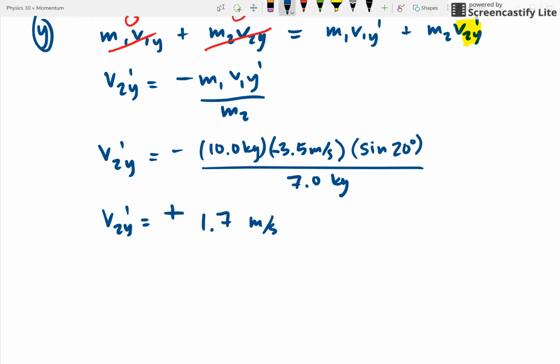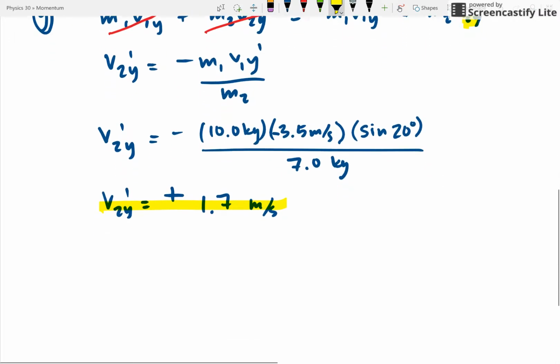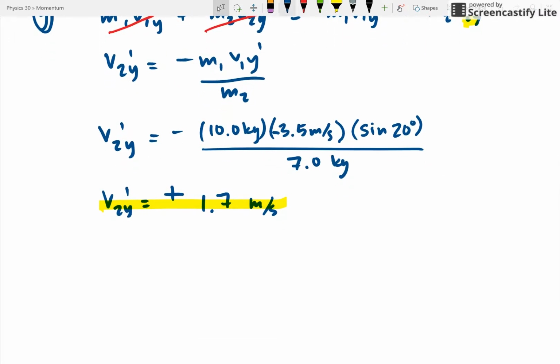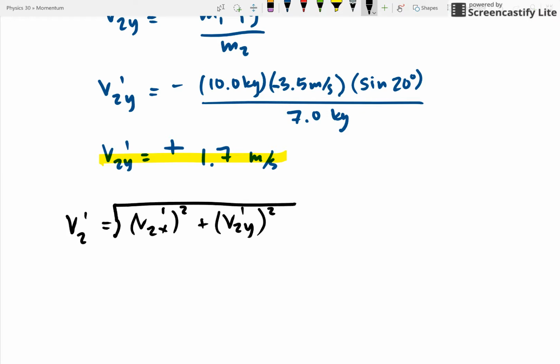Now let's put these two together. We've got 1.7 meters per second for the y-axis for the second ball after the collision, and 3.9 meters per second for the x-axis. We can solve for the velocity of the second ball after the collision using the Pythagorean theorem: the square root of v2x prime squared plus v2y prime squared.